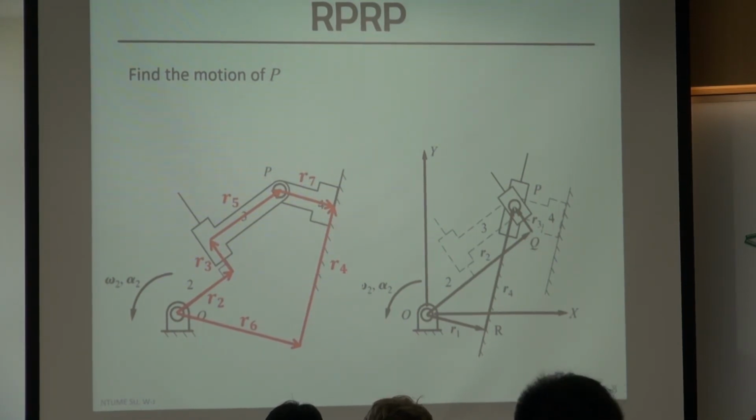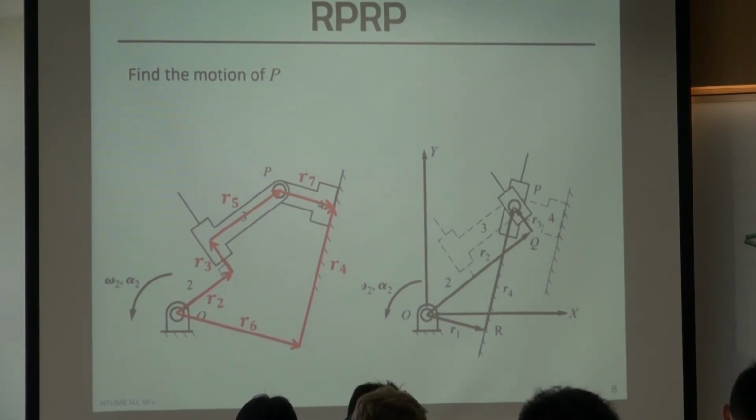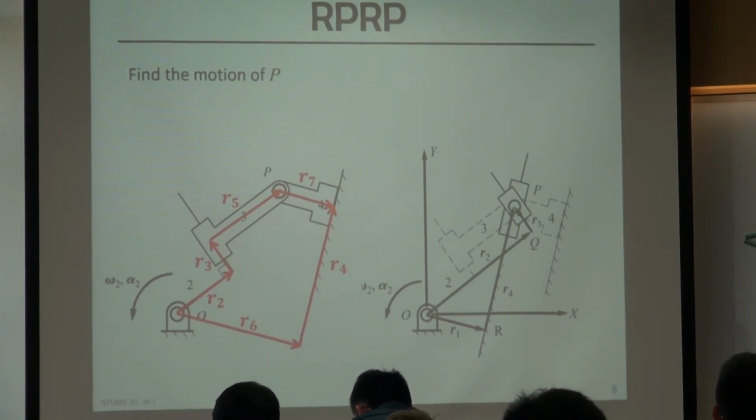When we draw these vectors, one important factor is that we always have a vector pointing along the sliding direction. Remember also in the previous examples, in the crank slider, we also have a vector following the sliding direction.